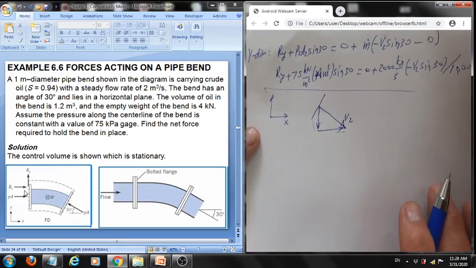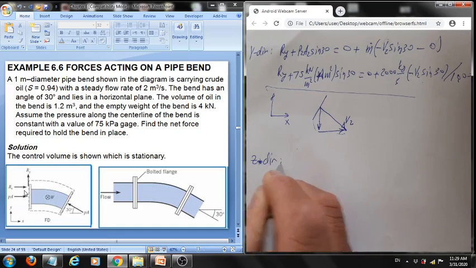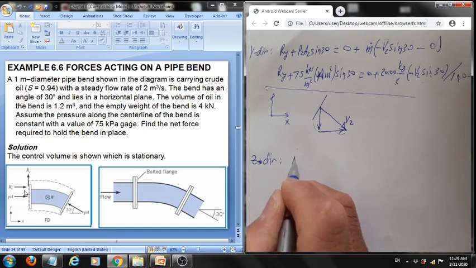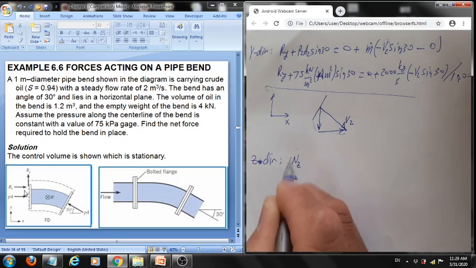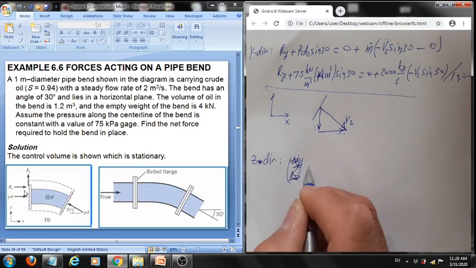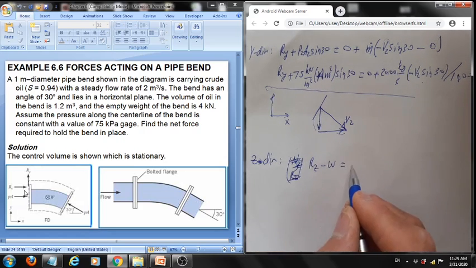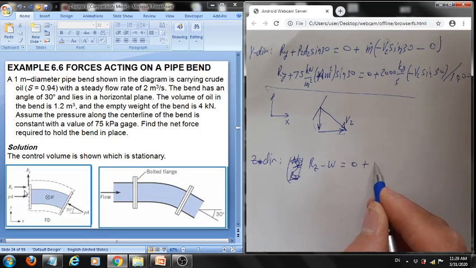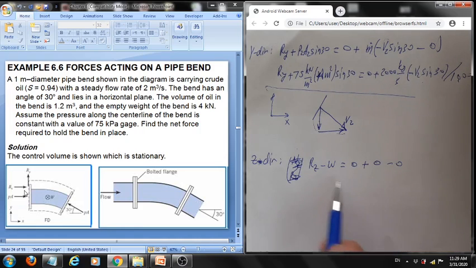The momentum equation will come identically. Summation of forces: we have normal up, or Rz, minus the weight downward, equals steady, and also there is no flow rate or no discharge in the z direction. So basically we end up with the Rz reaction in the z direction equal to the weight.